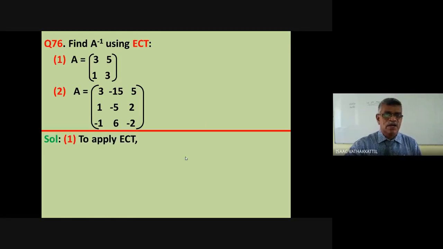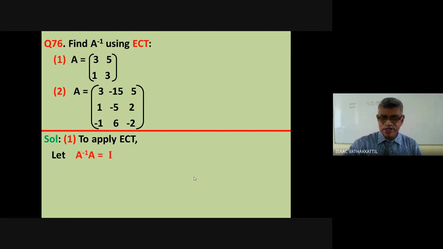You recollect how you apply ECT? You have to start with A inverse A equal to I because column transformation you can apply on the second matrix. If it is ERT, we start with A A inverse equal to I, right?